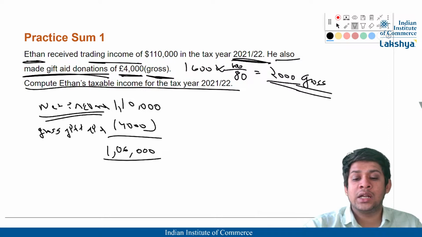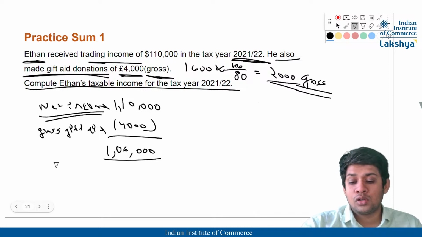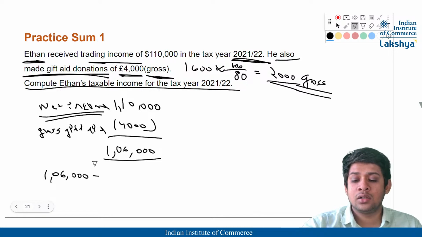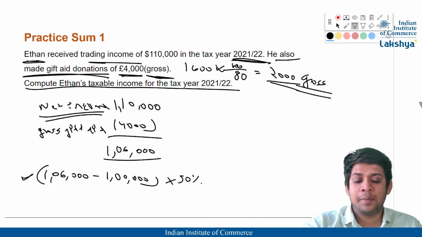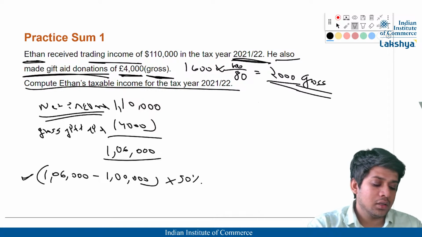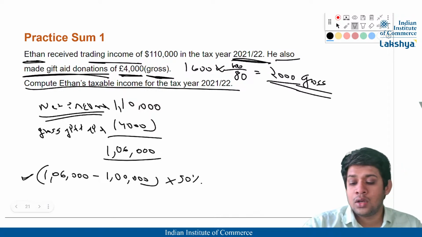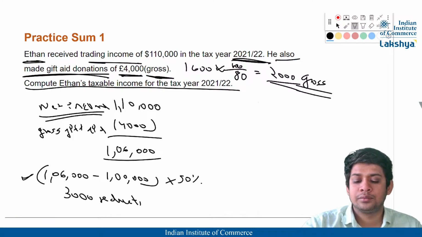Now you have to calculate Ethan's taxable income. It is greater than 1 lakh, so adjusted net income minus 1 lakh into 50% is going to be 3,000. So 3,000 is going to be the reduction in PA.